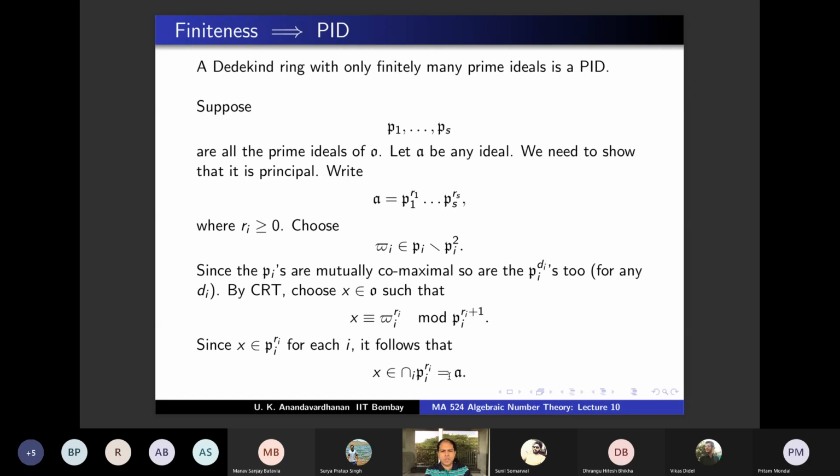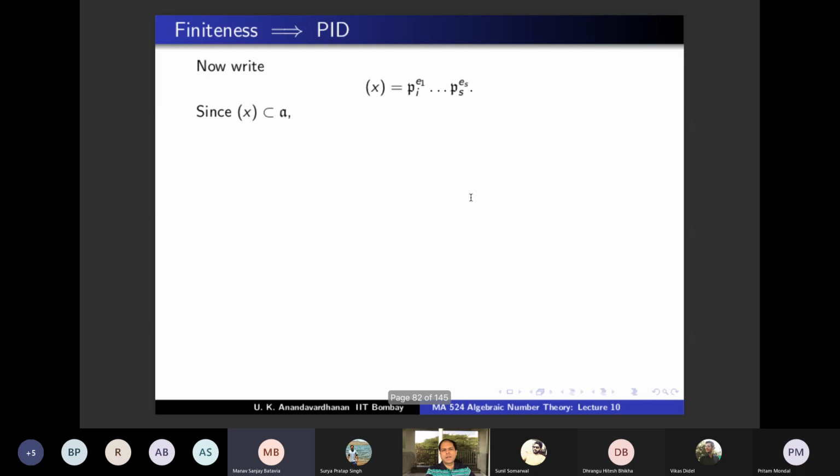X belongs to A, that's all that I have said. But what I'm saying is the ideal generated by X is certainly contained in A, because X belongs to A. So P1 power E1, etc., PS power ES is contained in P1 power R1, etc., PS power RS. Therefore, Ei will be greater than or equal to Ri. So this is obvious. What is our claim? Our claim is it is equal. And can you see where equality will come from?